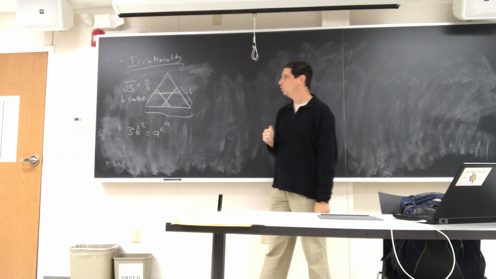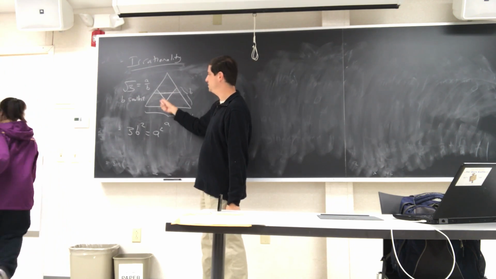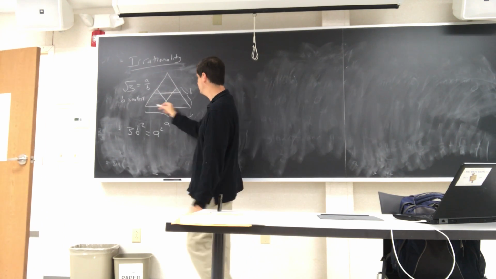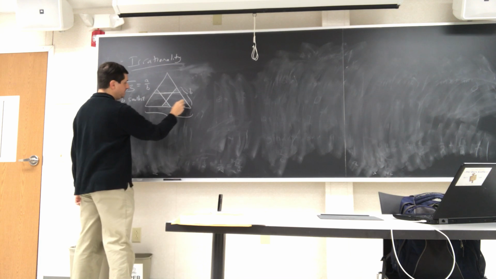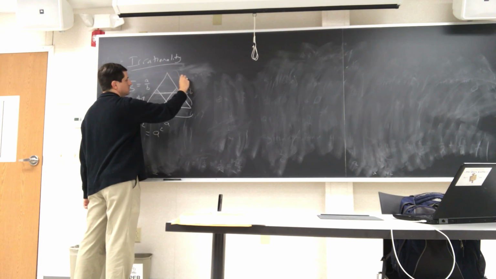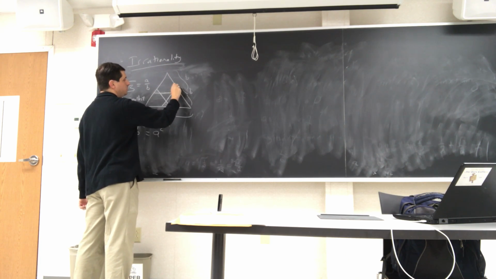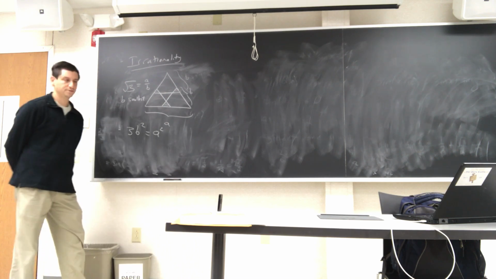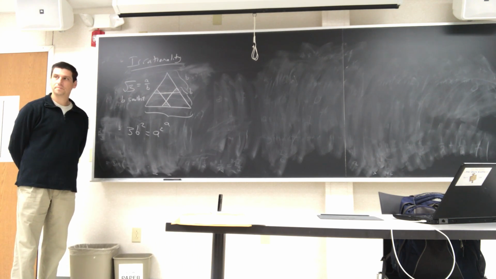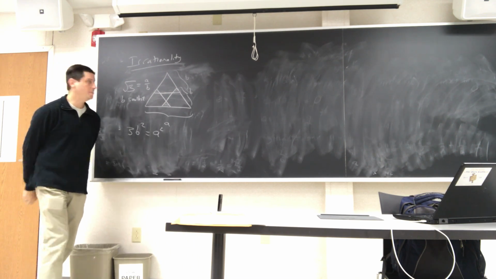So the question is, what are the dimensions of these smaller things? Well, if this whole side is A and it's B to here, and it's also B to here, how much is this side over there? 2b minus a.